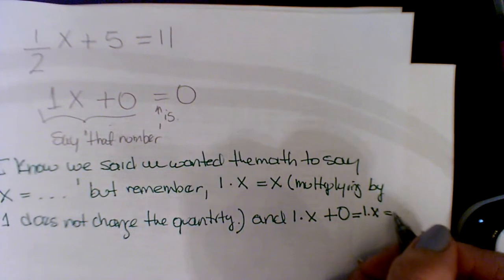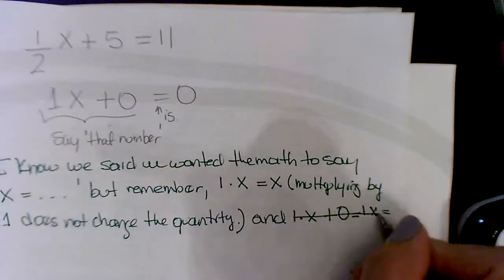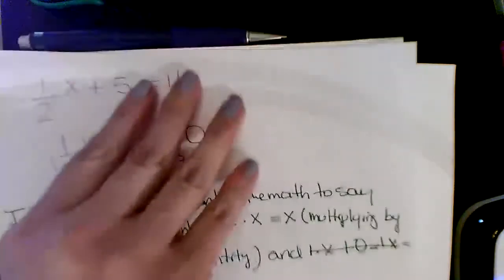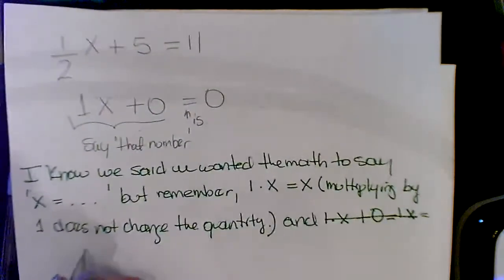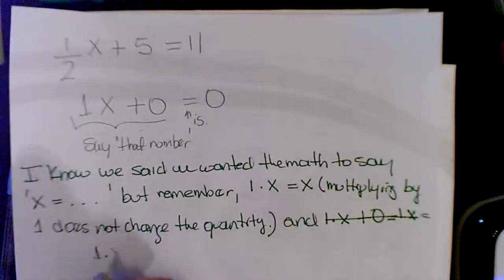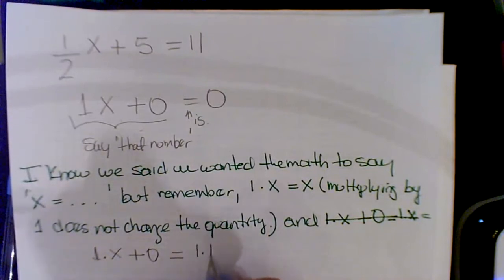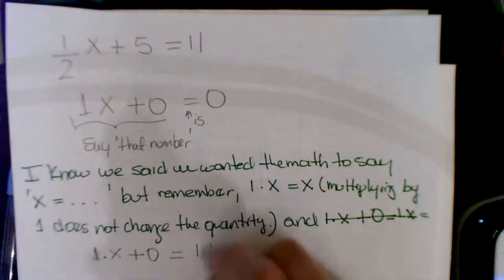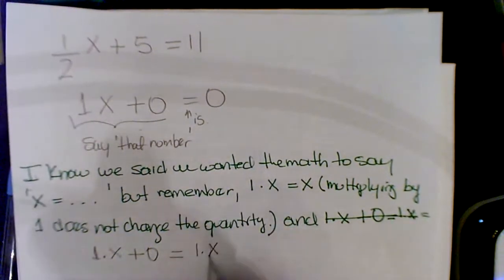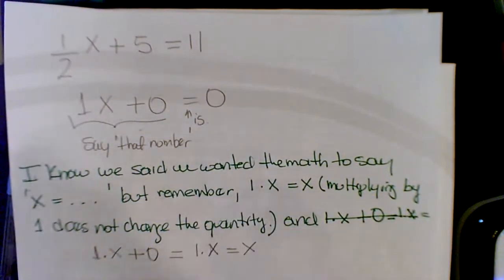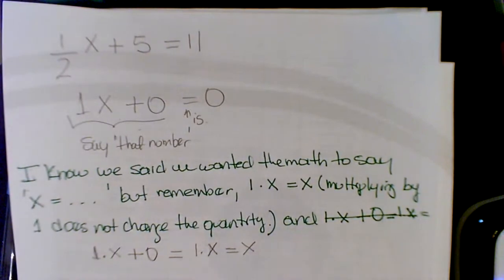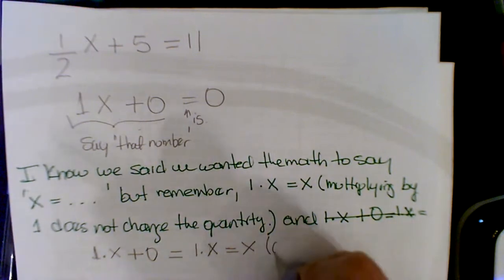Hold on, let me write this down bigger here. 1 times x plus 0 is the same as 1 times x, and this is equal to x. Why? Because adding 0 does not change the quantity.